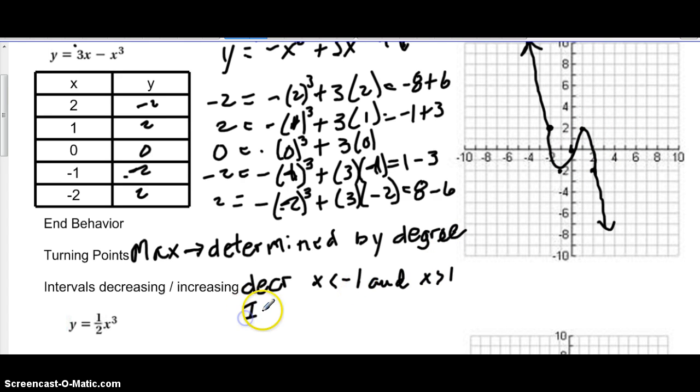It's going to be increasing here, so it's going to be increasing when x is between these 2 points of negative 1 and 1. So when x is less than 1 and x is greater than negative 1, it's going to be increasing.